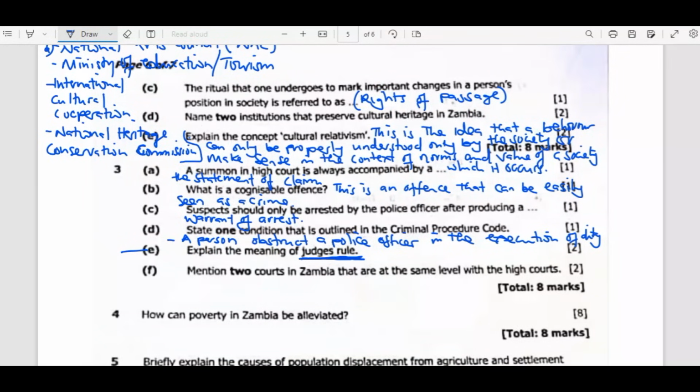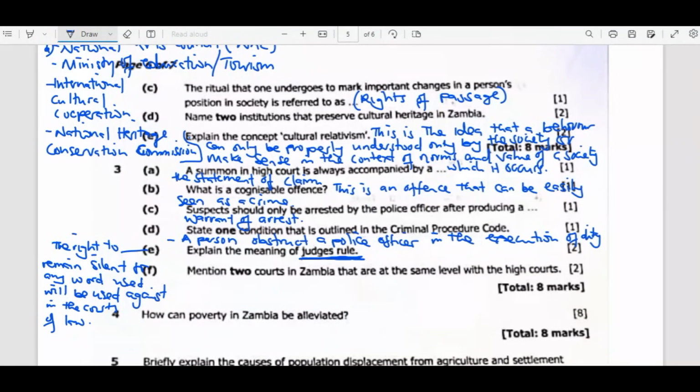So we are saying that judge's rule states that the person has the right to remain silent, for any word used will be used against them in the courts of law.